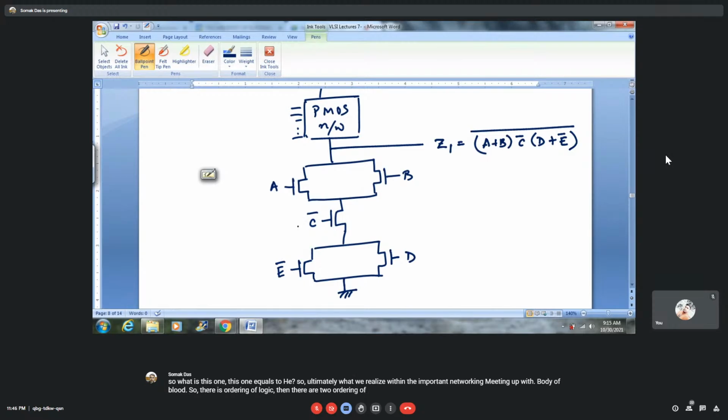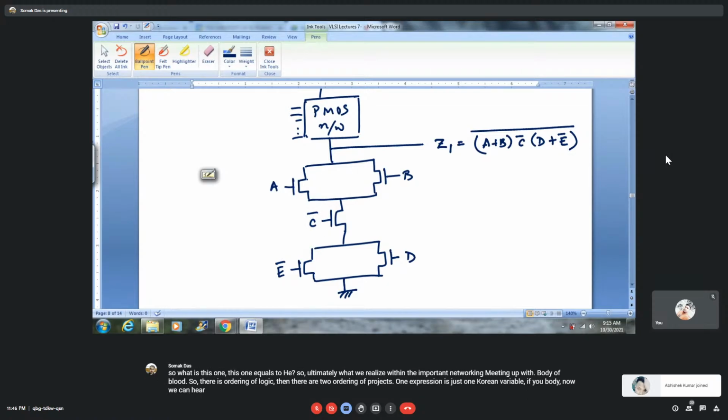One branch is just one Boolean variable, without ORing with any other Boolean variable. But the other two branches are ORing of logic. So these OR branches are ANDed, and at the output we receive the inversion of that.